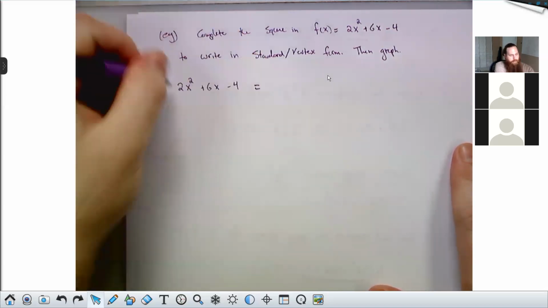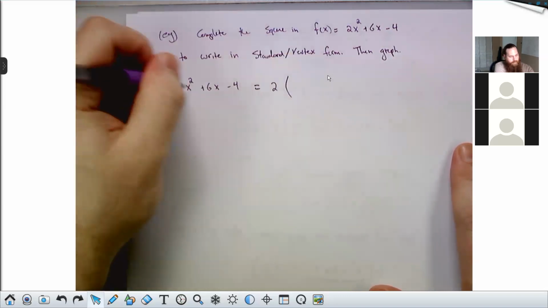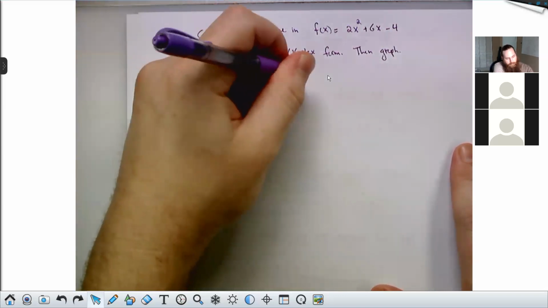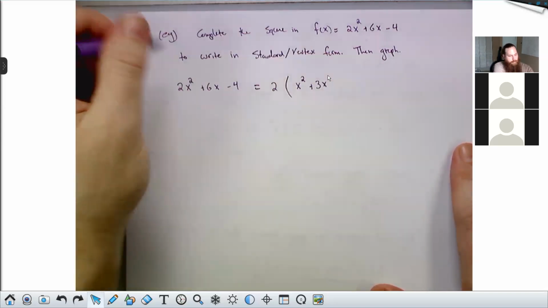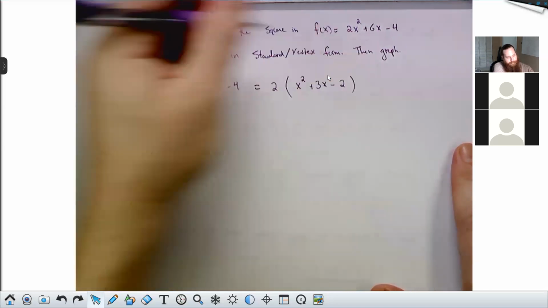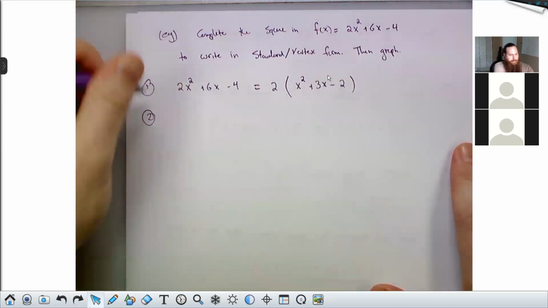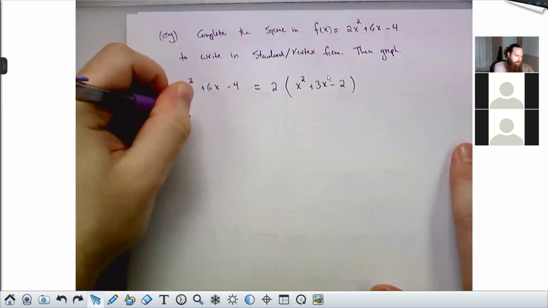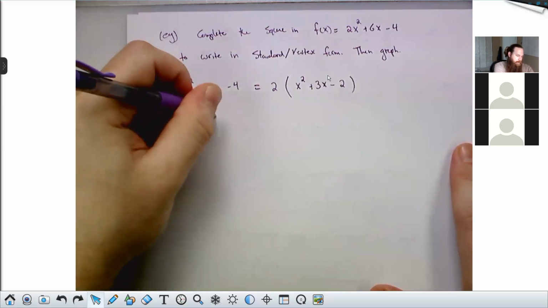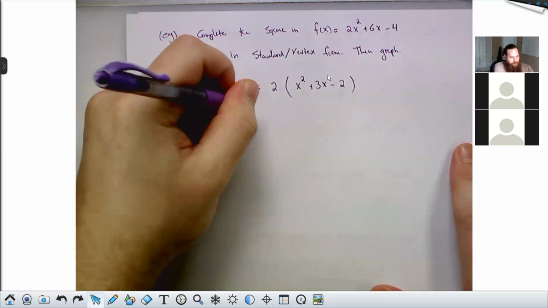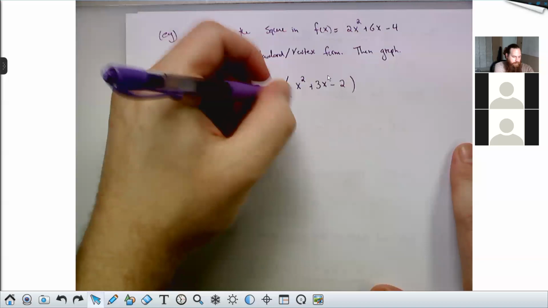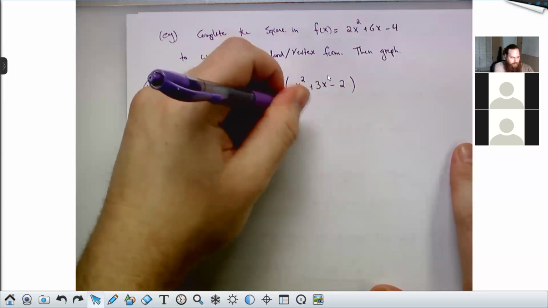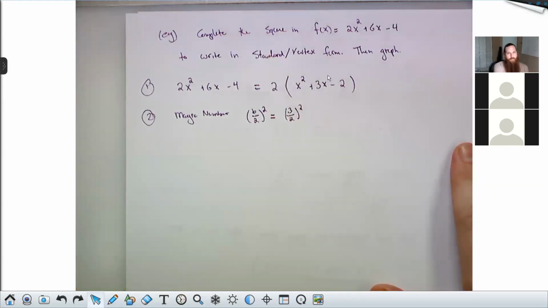First, I factor out the 2 to make the coefficient of x squared 1. That'll give me x squared plus 3x minus 2. Now my magic number is b over 2 all squared, which is 3/2 all squared, because b there is 3 in my simplified guy.